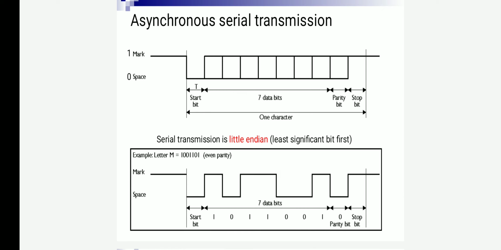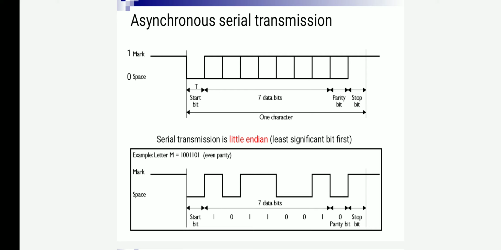Now, asynchronous serial transmission. As this parallel incoming data is converted into serial output data, how the start bit, parity bit and stop bit are added to this data can easily be understood by this example. So let's see the example.